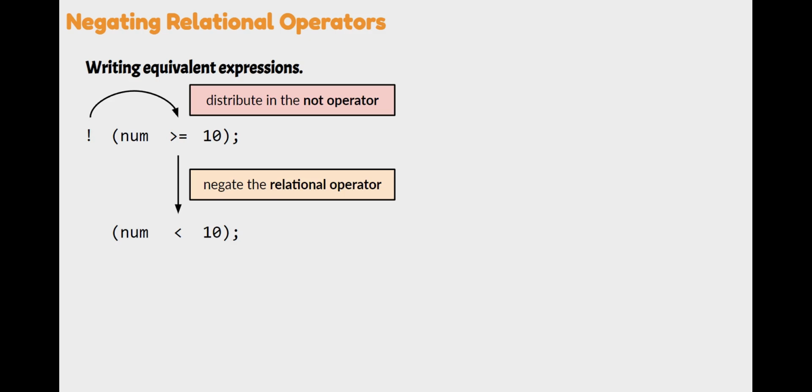So our original operator was greater than or equal to. The opposite of greater than or equal to would be less than. So the first statement is saying we don't want numbers that are greater than or equal to 10. Another way to say that is we just want numbers that are less than 10.